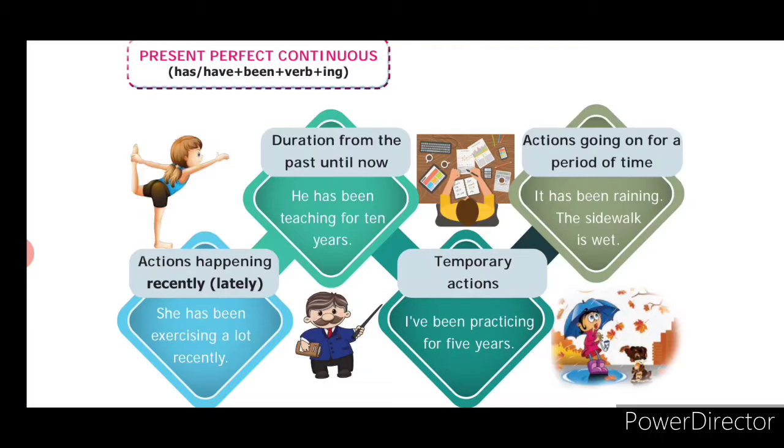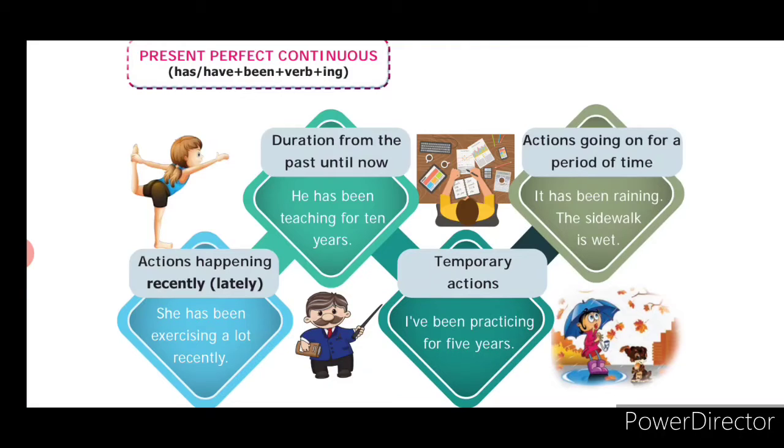See, action happened recently: she has been exercising a lot recently. Duration from the past until now. I told you, it might have started in the past, but it is continuing till now. He has been teaching for 10 years. For the temporary action: I have been practicing for 5 years.